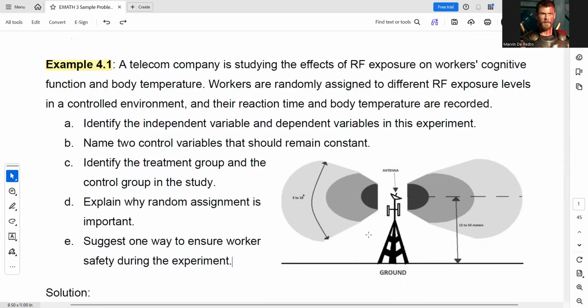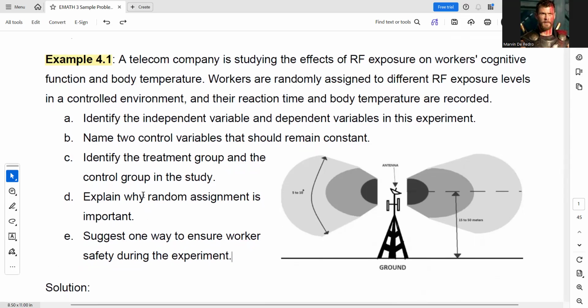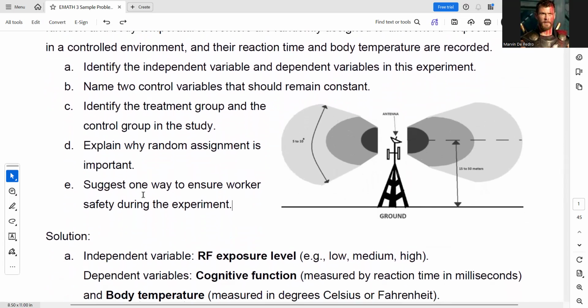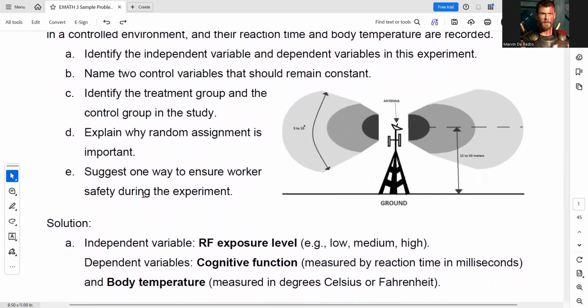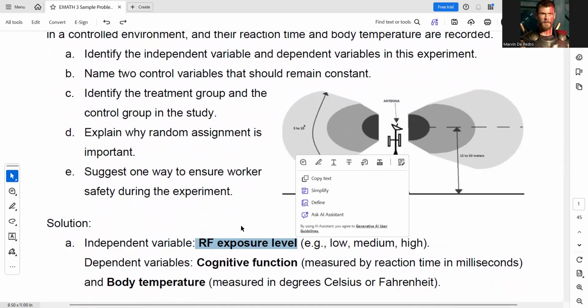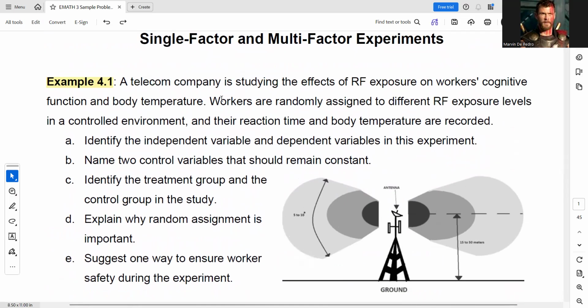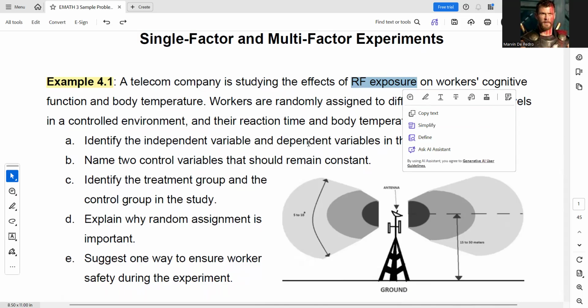All right. So for letter A, independent and dependent variables. The independent variable is the RF exposure level, because as said in the problem, we are looking at the effects of the RF exposure.